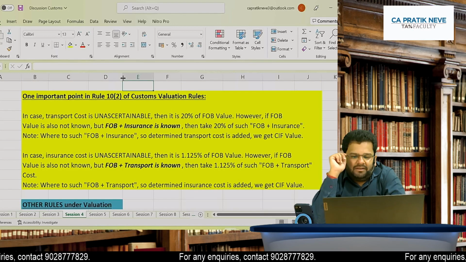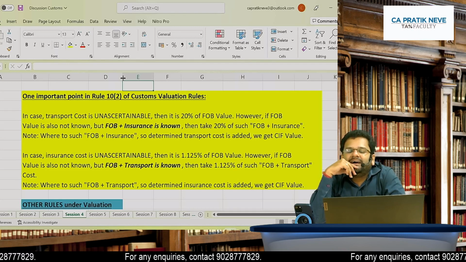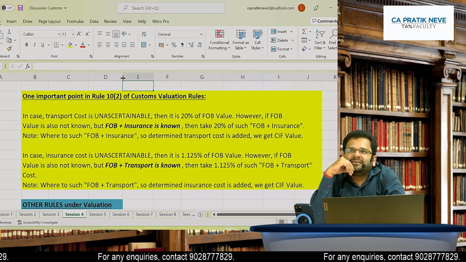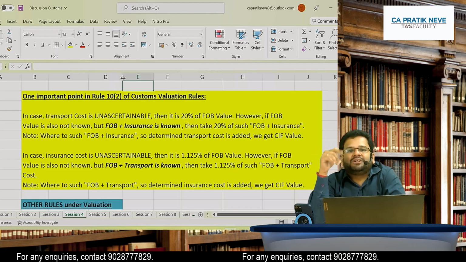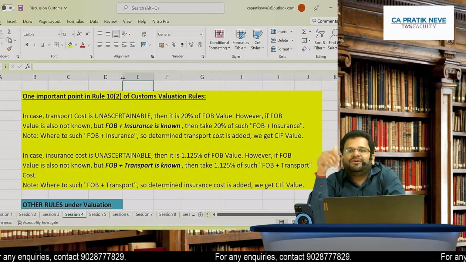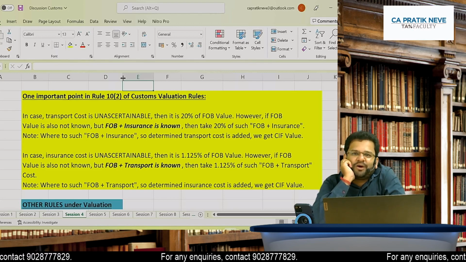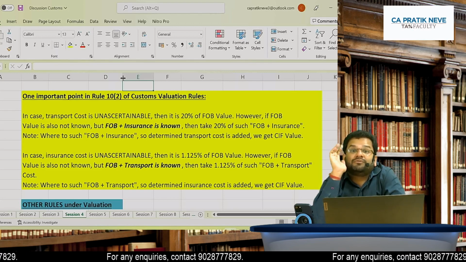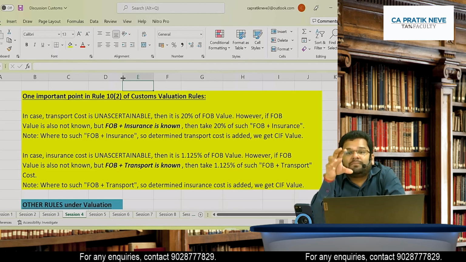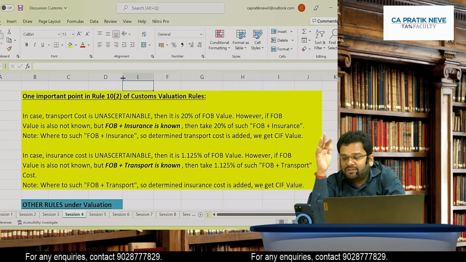Yes. One very simple rule is that you know that when transport is not given or not known, it is to be taken at 20% of FOB. And when insurance is not given, it is to be taken at, of course, 1.125% of FOB. But friends, sometimes what happens, transport is not given and even FOB is not given.